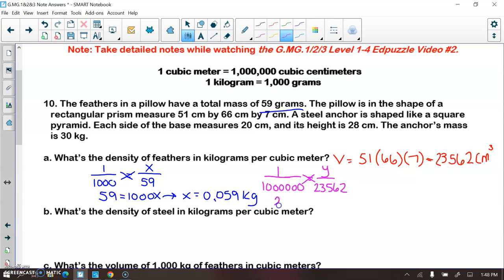Cross multiplying, and then dividing by 1,000,000, I get that my volume is as follows.